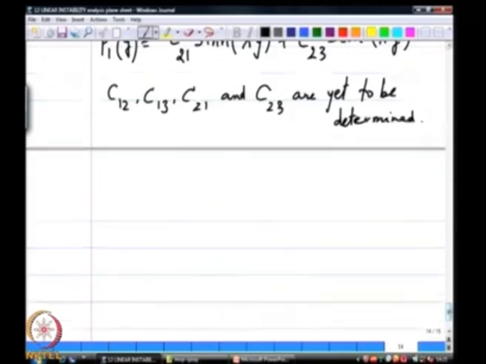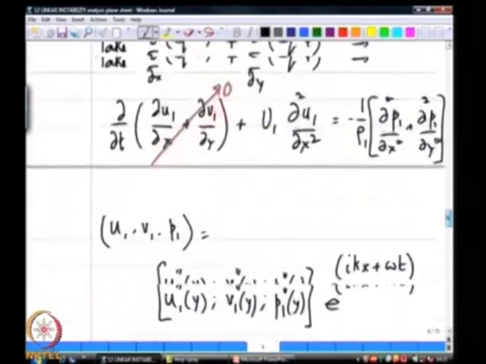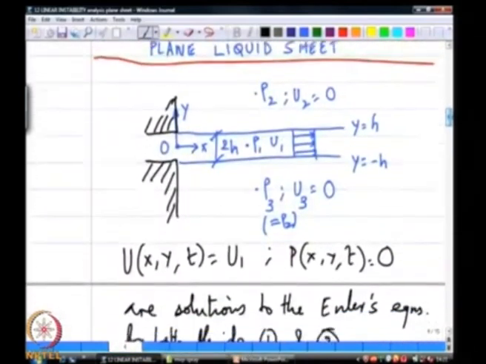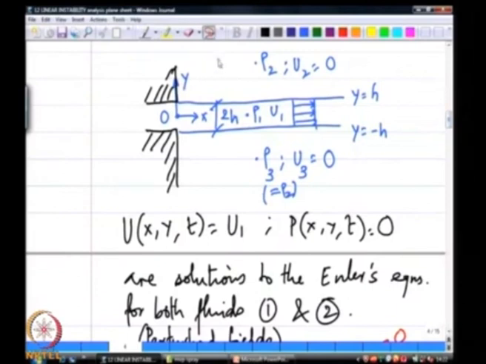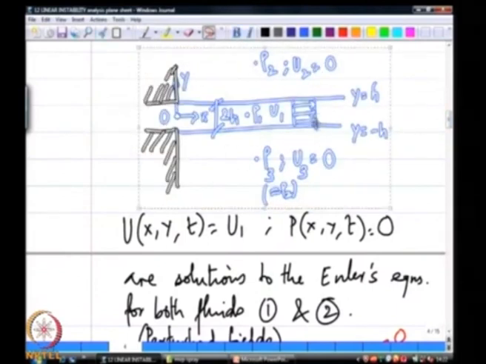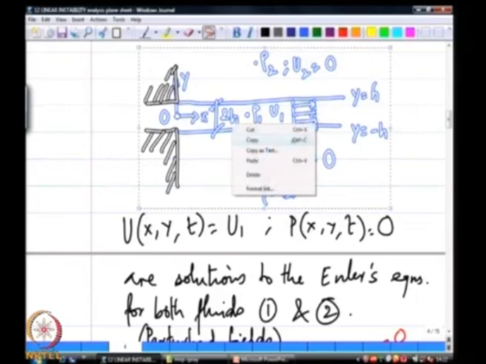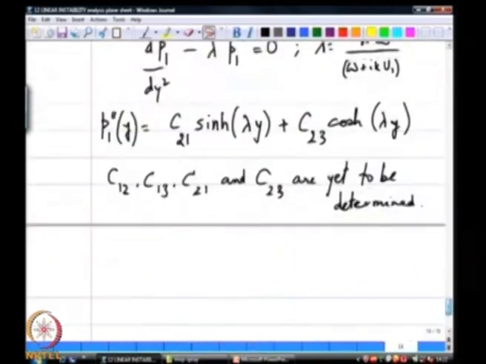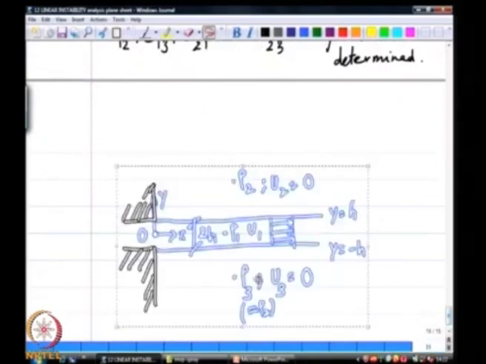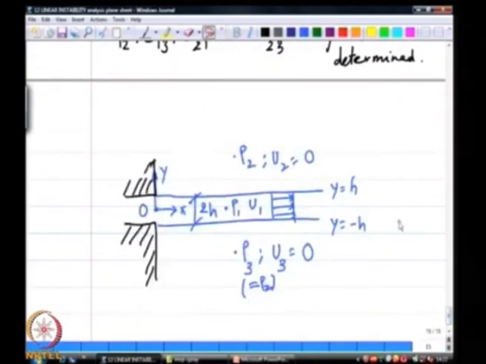So, now I am going to go back to the schematic that we had, the plane liquid sheet. I will just copy this whole thing. This is my unperturbed configuration.